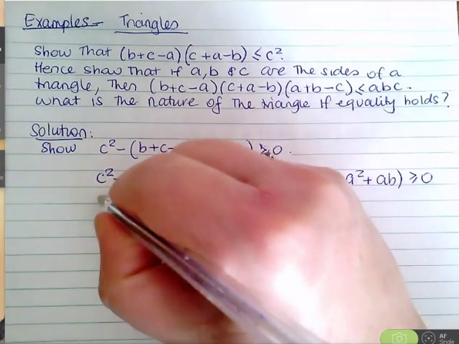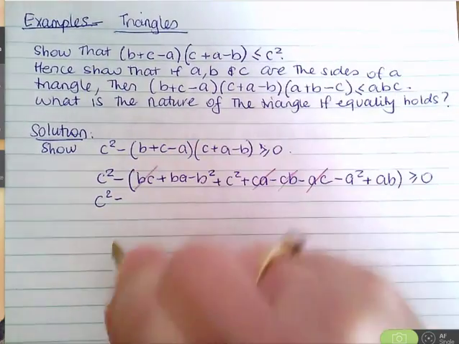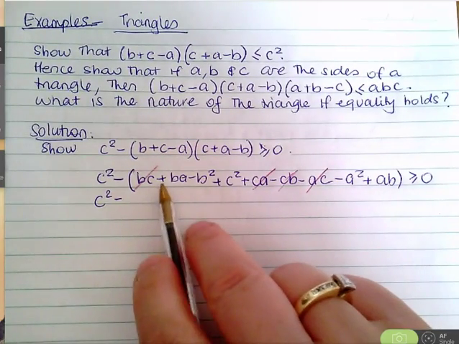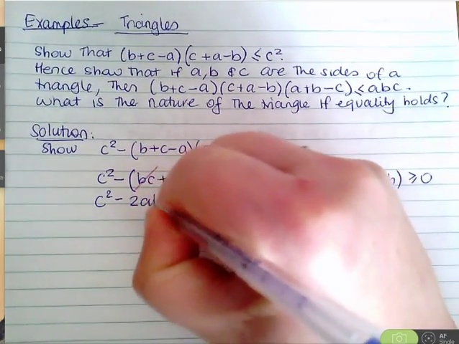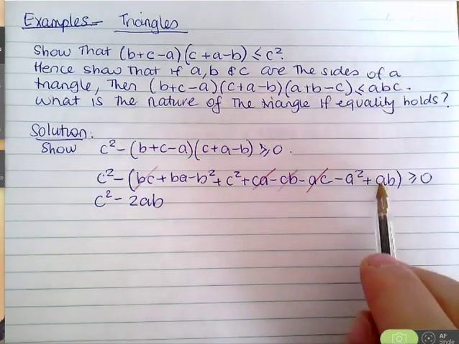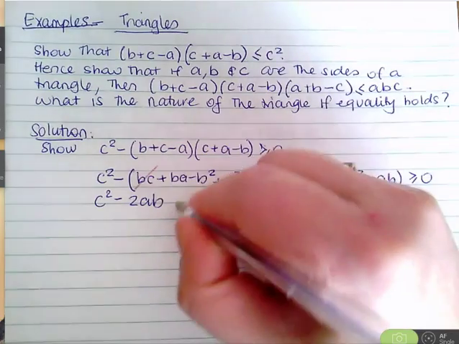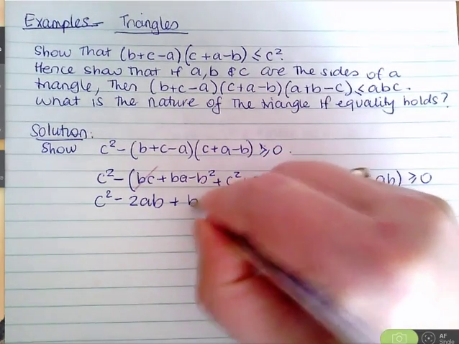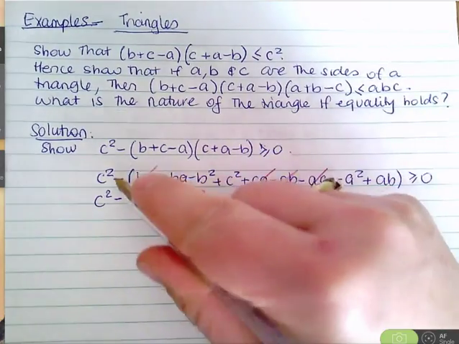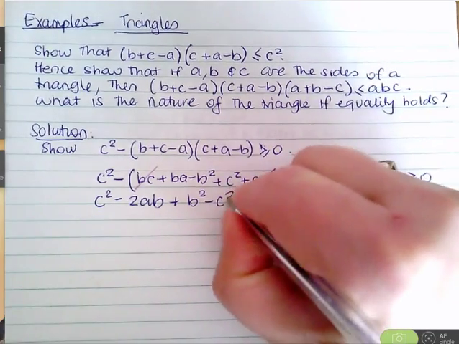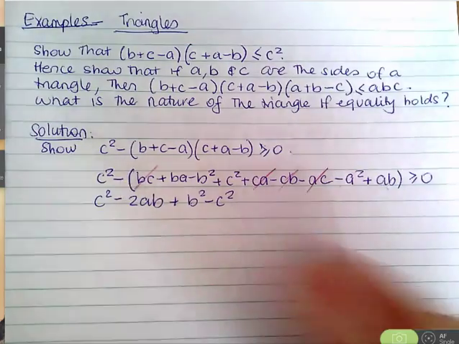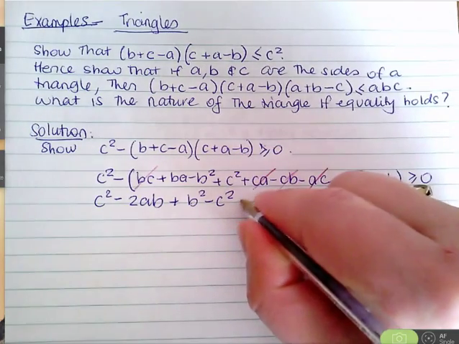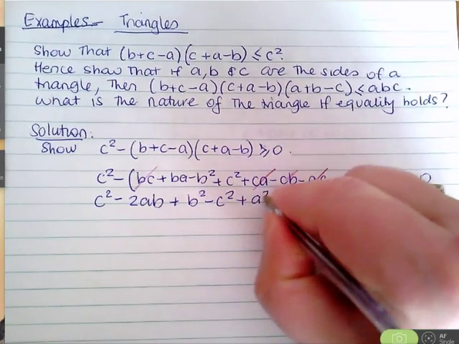So you've still got c squared minus, now we've got 2ab here, so it'll be minus 2ab, because it's minus the positive 2ab. Then we've got minus negative b squared, which is plus b squared. You'll have minus c squared, and there'll be minus negative a squared, which is plus a squared.